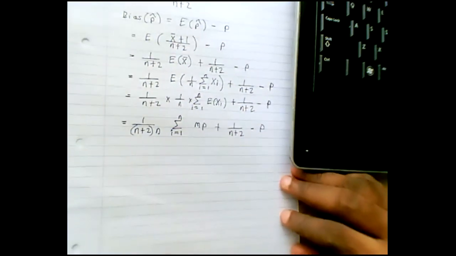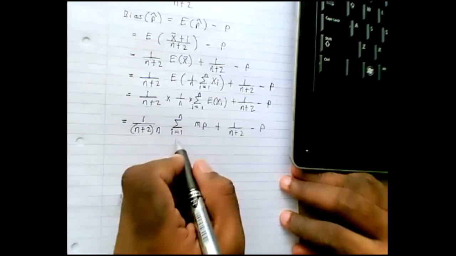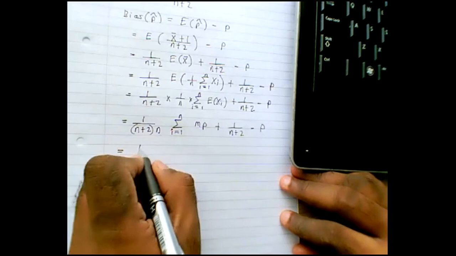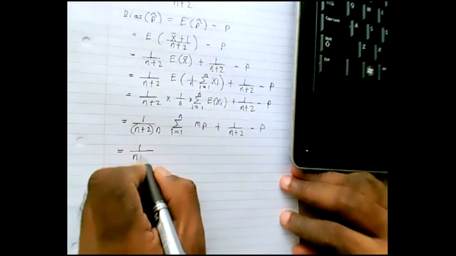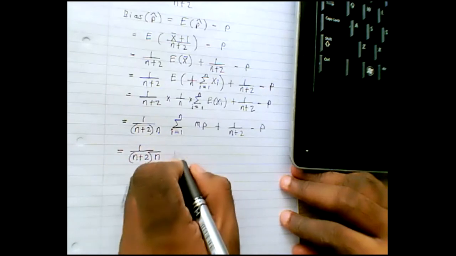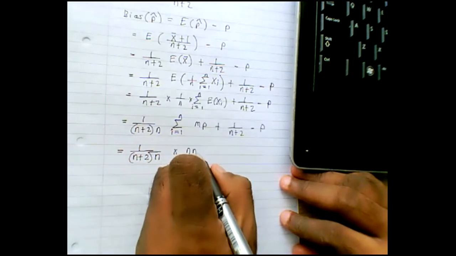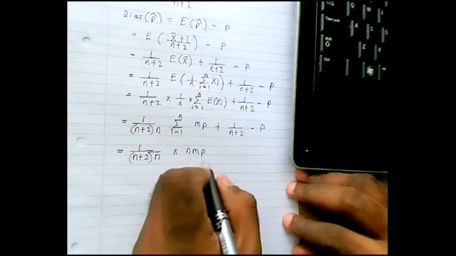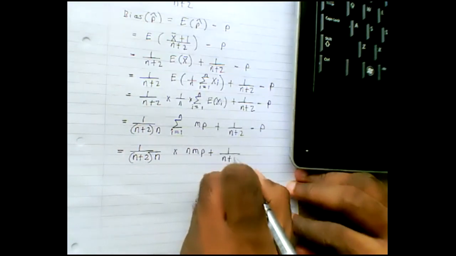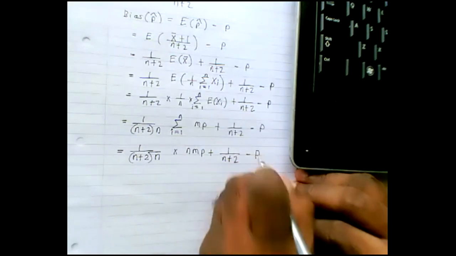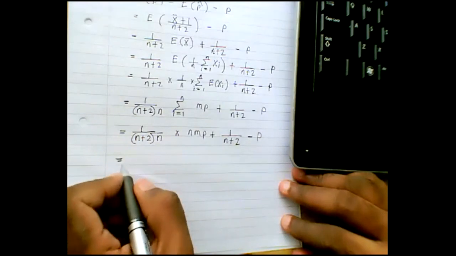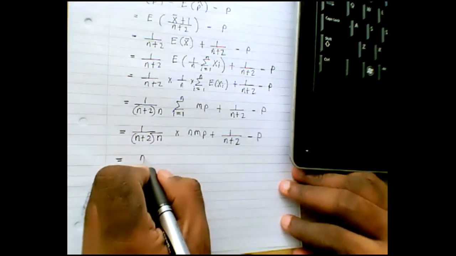Now mp is a constant with respect to i. So what you have is n times the constant, which is n times mp. Like this. Now if you simplify this, this is what you will get.